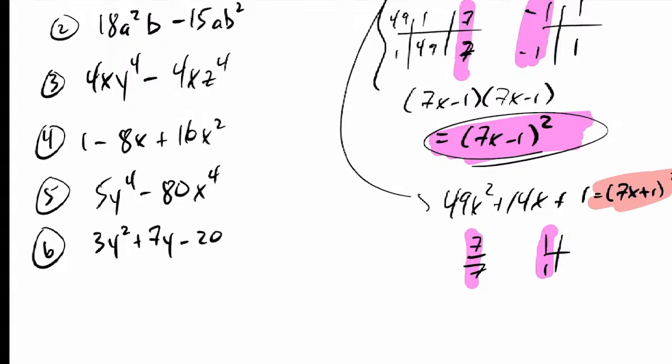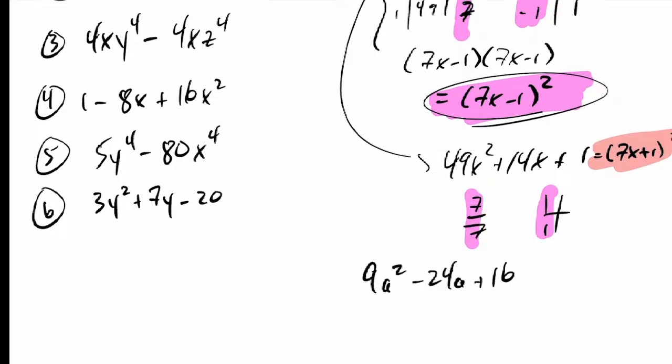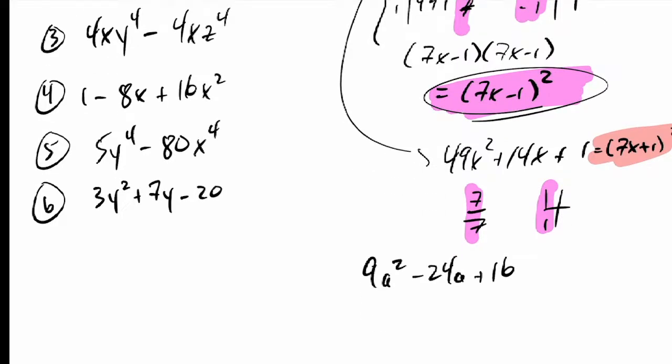Sure, can I do the same? Let's take a look at that one: 9a squared minus 24a plus 16. Same idea, this doesn't have a GCF again. So once again, you got to go to your charting. You have 9 and 1, 1 and 9, 3 and 3.